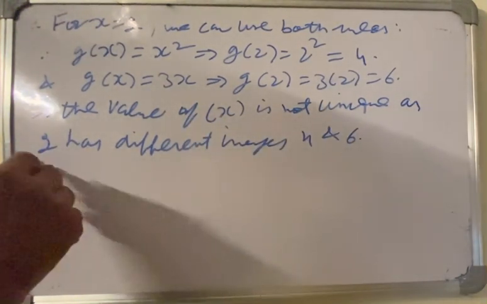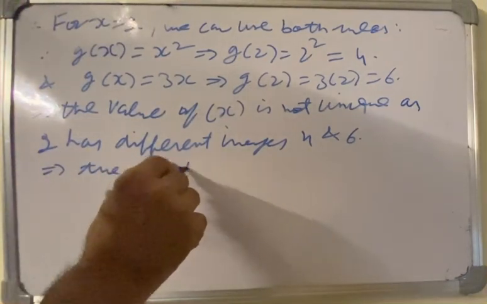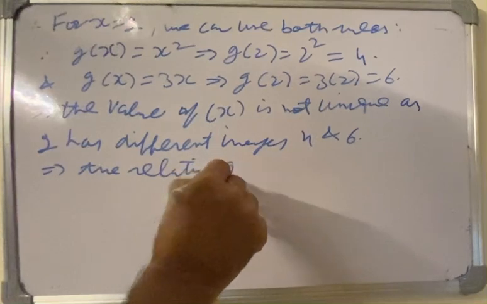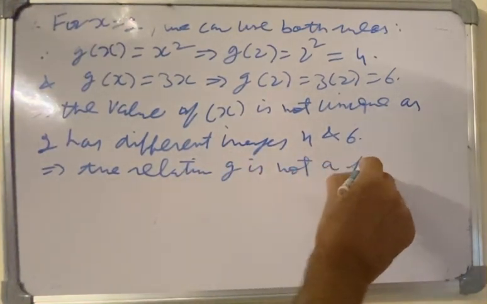That means the relation g is not a function.